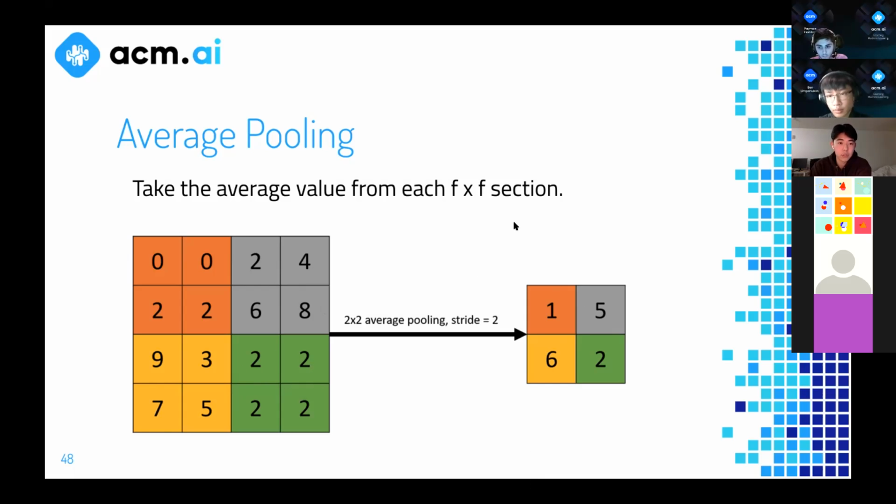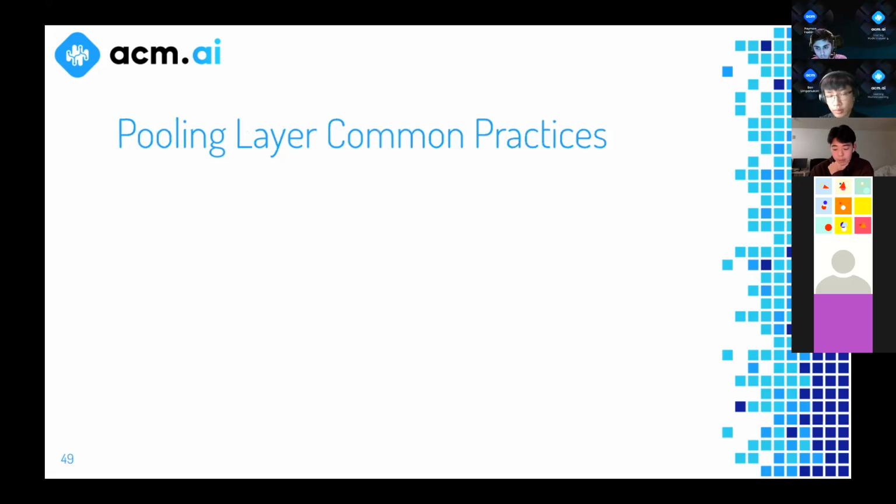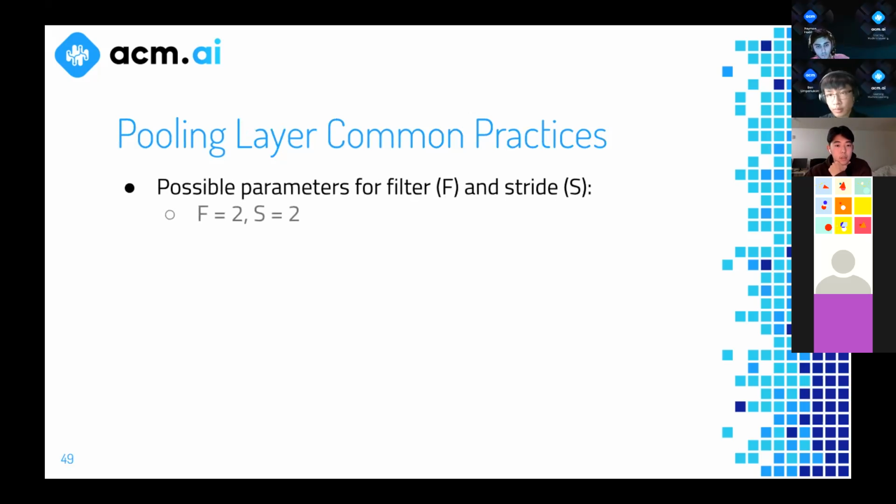So again, we just went over max pooling and then average pooling. Now some common practices for pooling itself. The parameters that we're going to set, some potential hyperparameters, are the filter size and the size of our stride. If we look at filter size 2 and stride 2, that's what we saw.